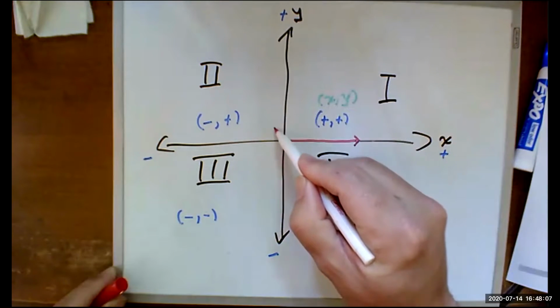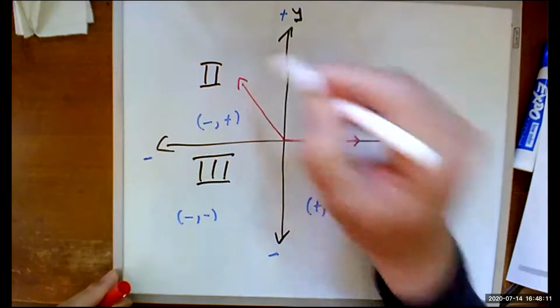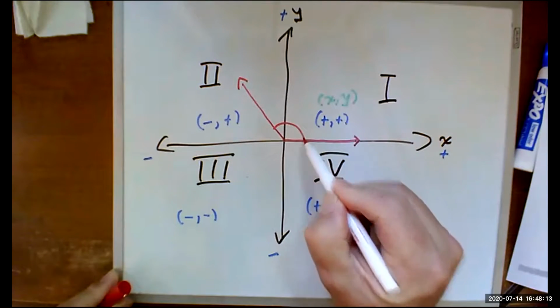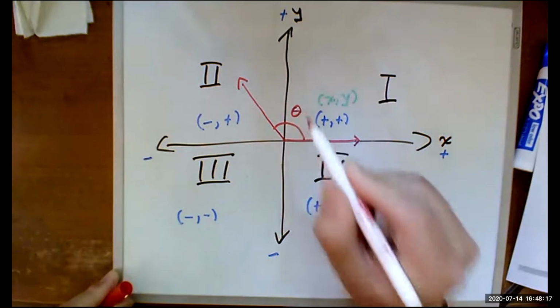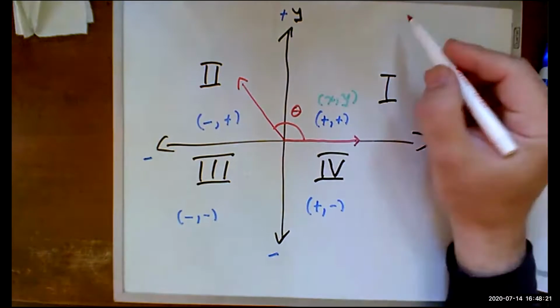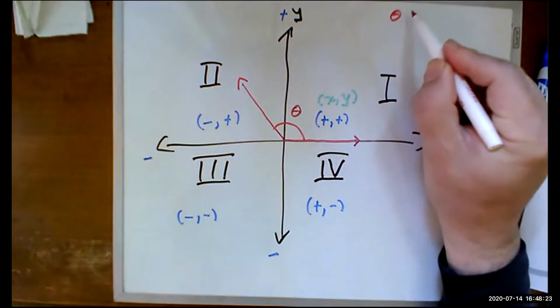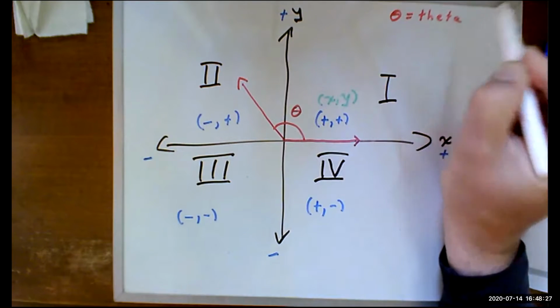And then our terminal arm is always counterclockwise from where we've started. Okay? And when we're using angles, we're often using the Greek letter theta. Just a little sidebar up here. That is theta.